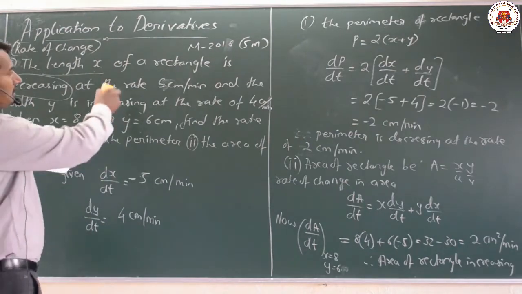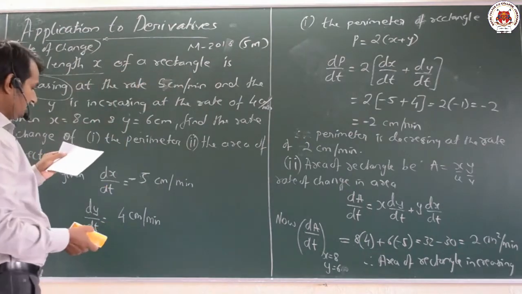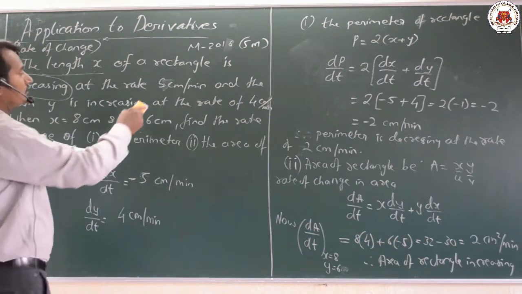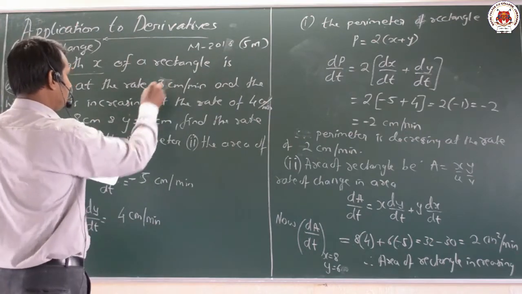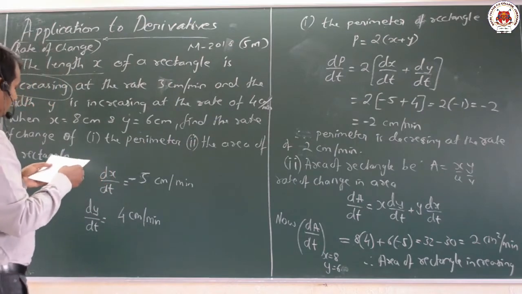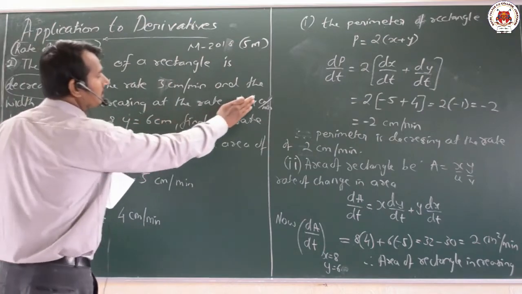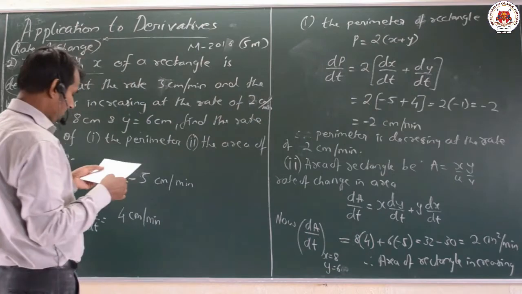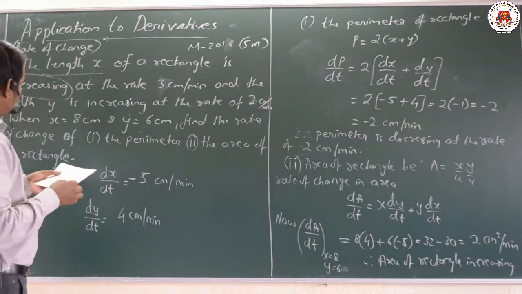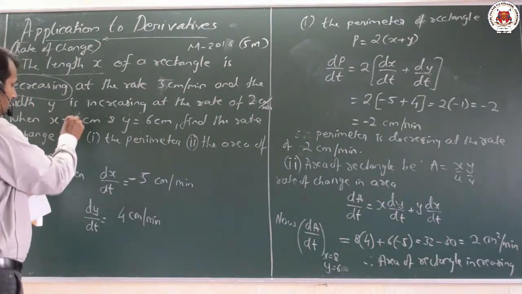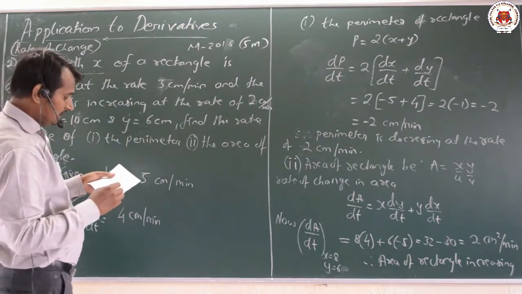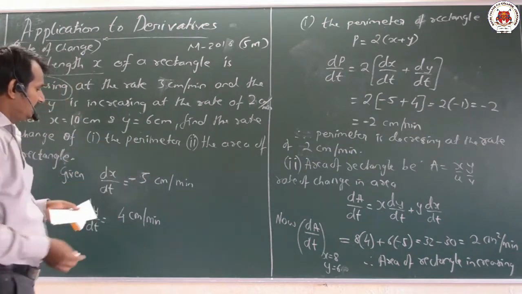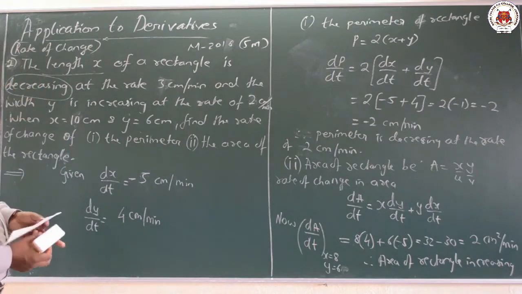The same question: the length x of the rectangle is decreasing at the rate of 3 centimeter per minute, and the width is increasing at the rate of 2 centimeter per minute. When x is equal to 10 centimeter and y is equal to 6, find the rate of change of the perimeter and the rate of change of the area of the rectangle.